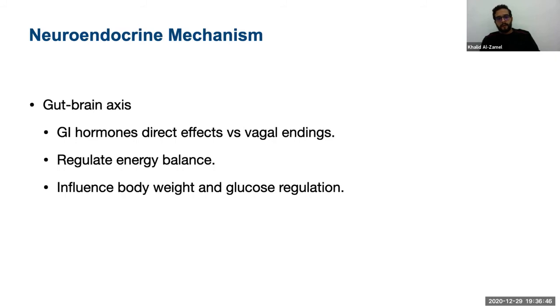So the GI hormones act directly on the brain through the bloodstream, versus acting on the vagal endings through signaling and stomach distension, as you will see now when we go to the vagus stimulation. The gut-brain axis is responsible for regulating the energy balance, and ultimately it influences the body weight and the glucose regulation.